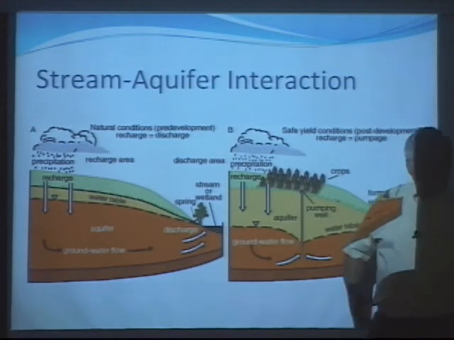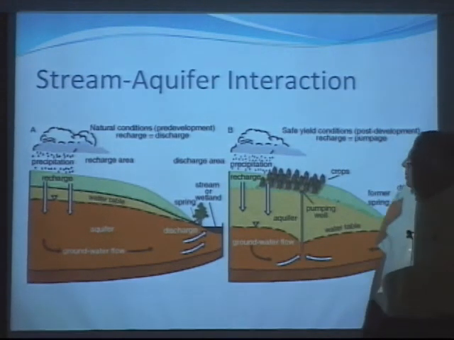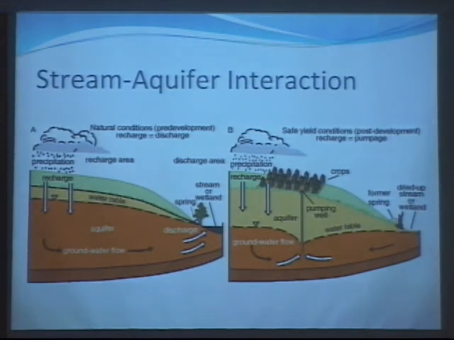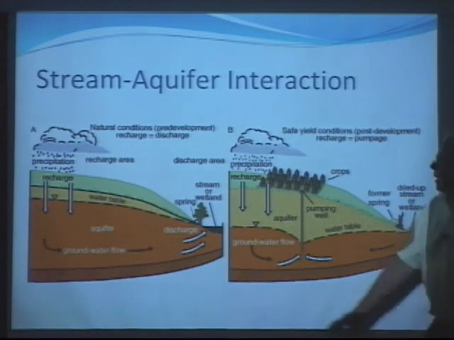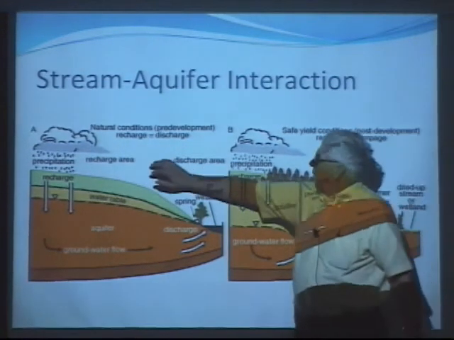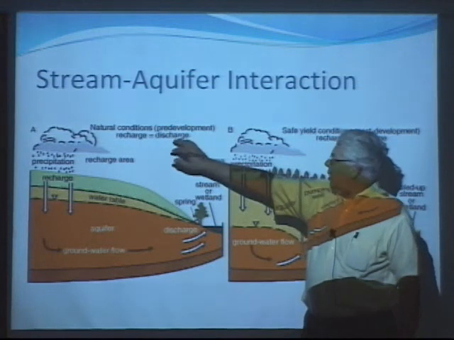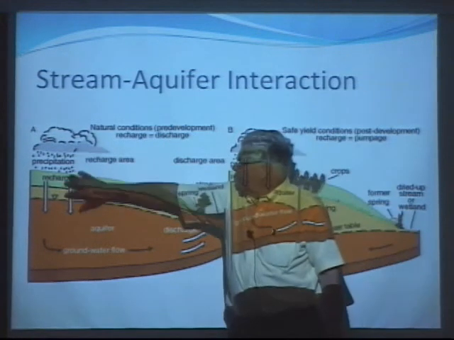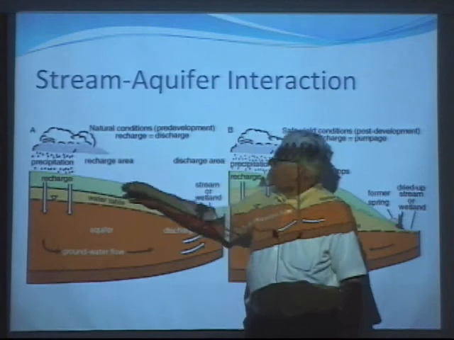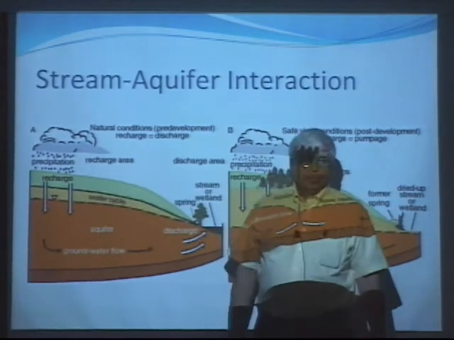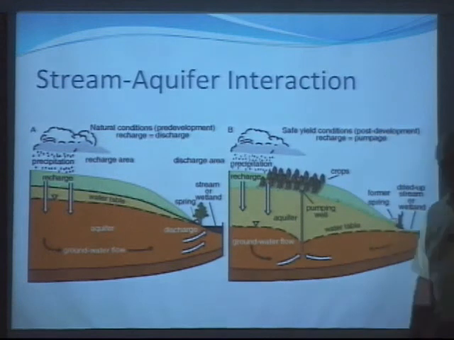So this is how a stream can carry water during dry periods. Also, you'd have springs. Okay, so this would be the natural condition, and the idea is that you have recharge equal to discharge. So in the recharge areas where you have precipitation and natural vegetation, the vegetation is using some water, but some still penetrates through the root zone and gets down to the water table.